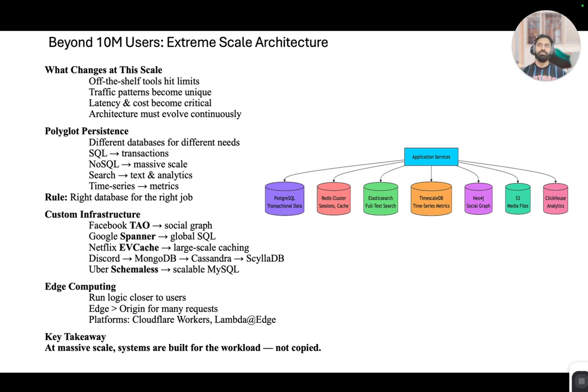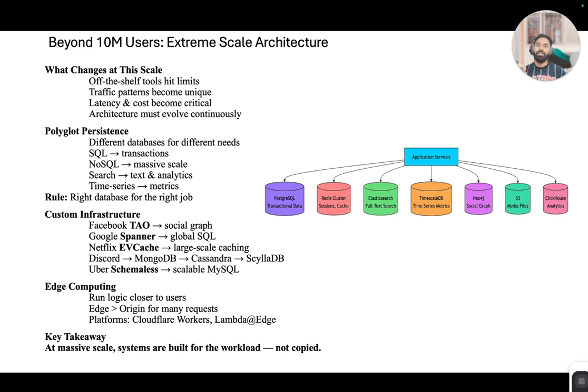And then we have Google Spanner, which is used as a globally distributed SQL database with strong consistency. There is Netflix EVCache, a custom caching system built on top of Memcached, because Memcached was not sufficient to handle their requirements.